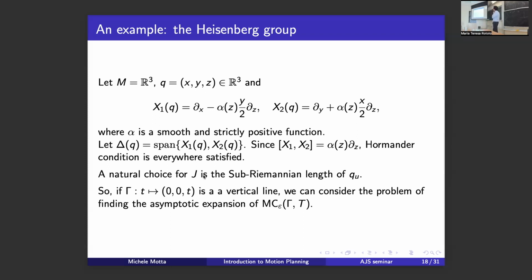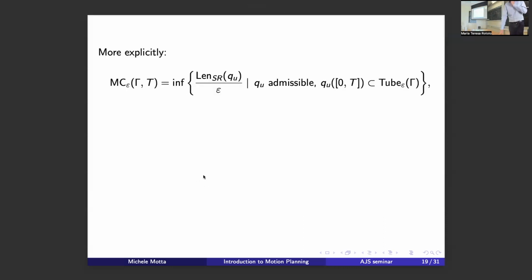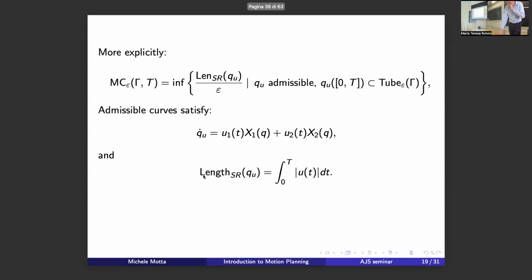So we have this curve gamma, which is not admissible in general. We want to see how complex it is to stay close to this curve. So again, the motion complexity of this curve is given by this formula.